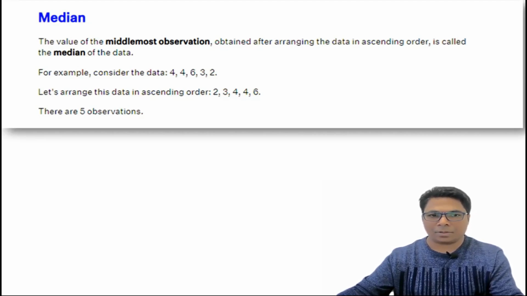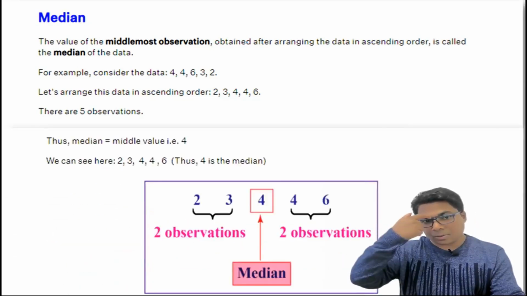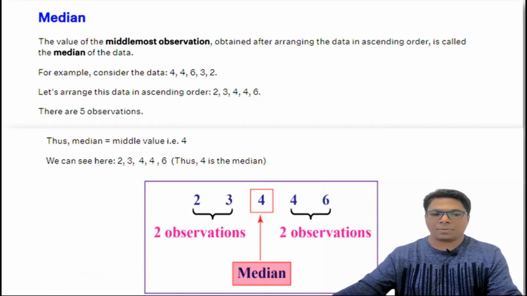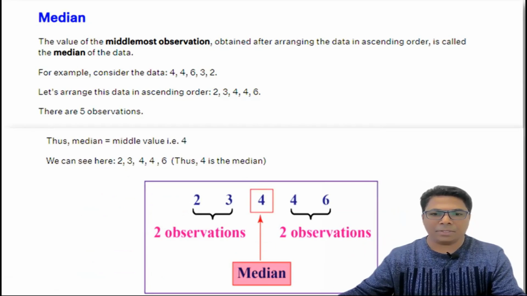If we count the number of observations, here we have 5 observations, right? So let us find the mid value. Once you arrange the data in order, you are supposed to find the one which is in the middle.